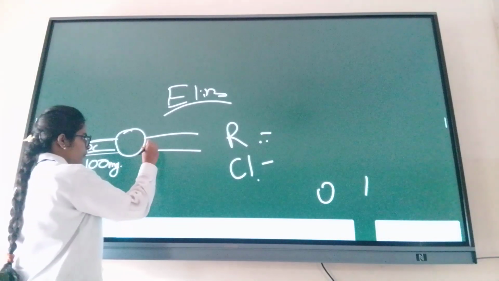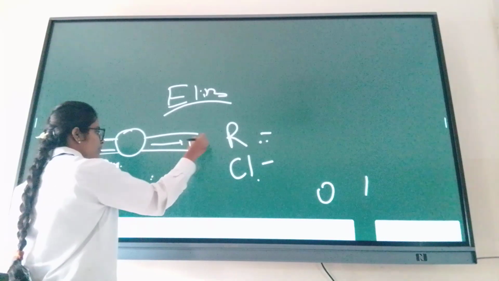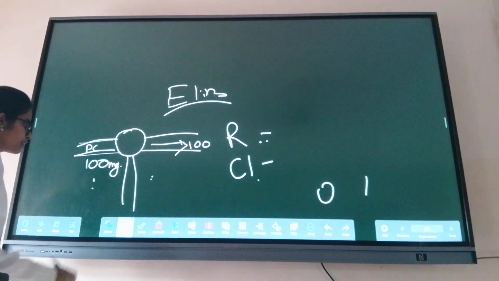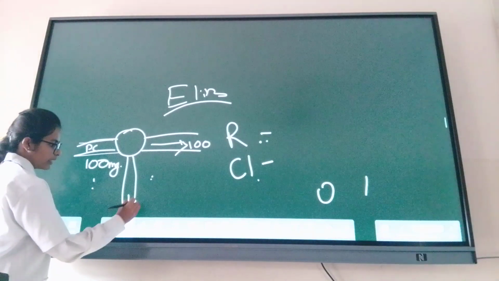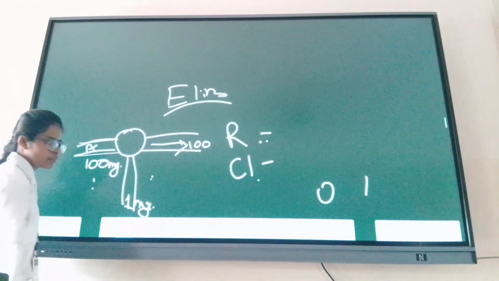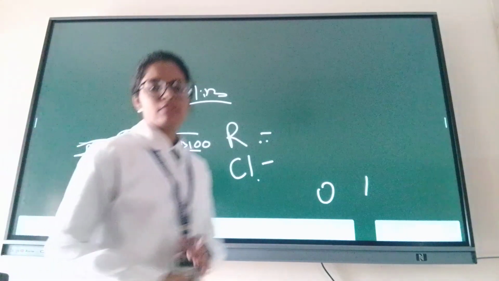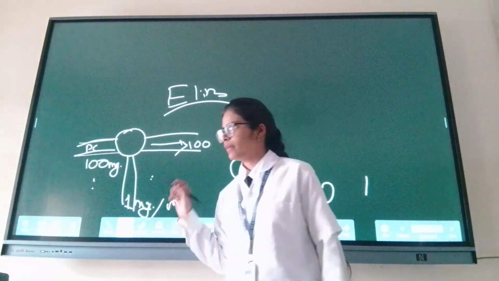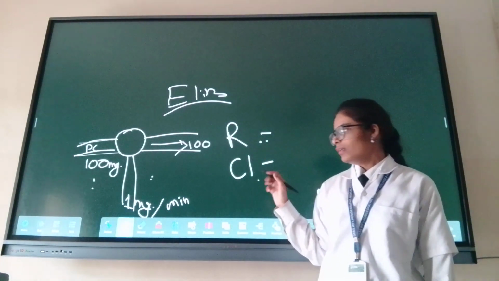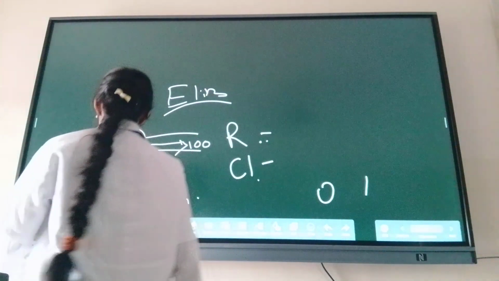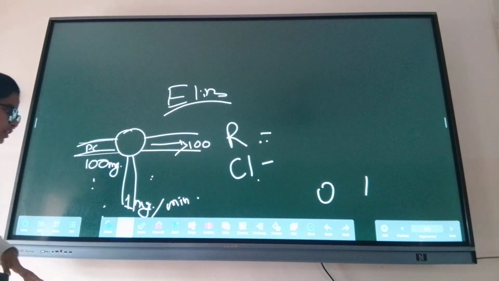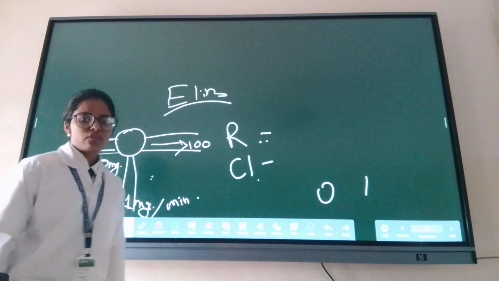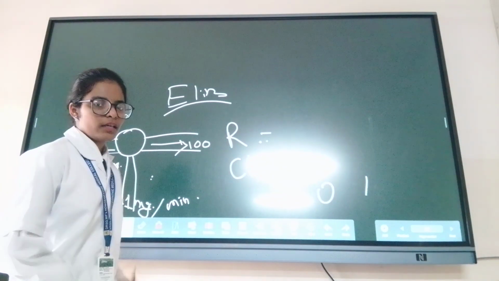And here it is less than 100 mg because some drug is excreted. Suppose it excretes 1 mg. It is excreting 1 mg per minute, okay, per unit time, according to our definition. The drug is eliminating 1 mg per minute.